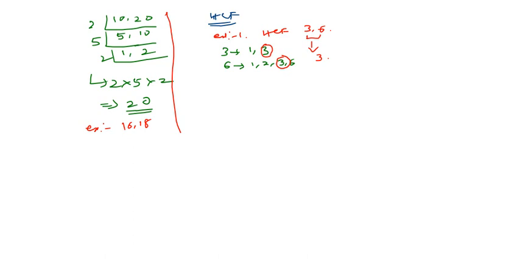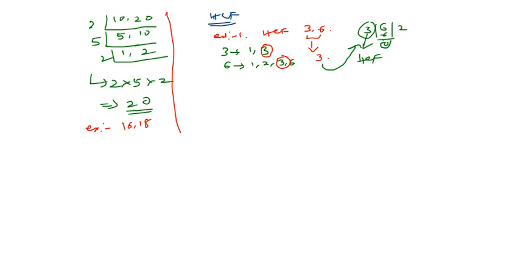The highest number goes inside the bracket, and this is the least number. 3 2s are 6, 0 is the remainder. So what is the HCF? This 3 is the HCF. So both are the same.